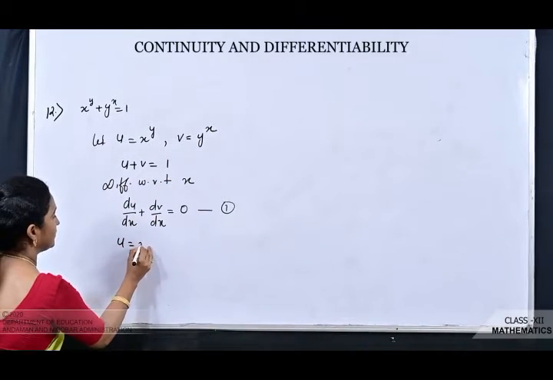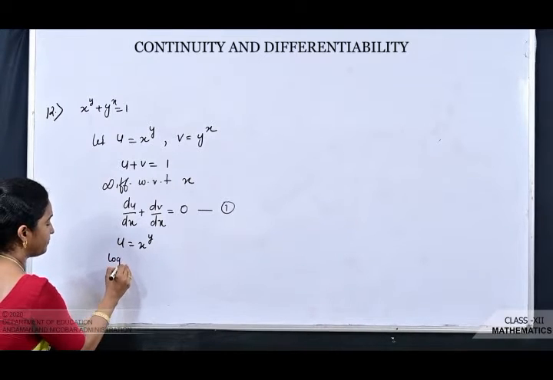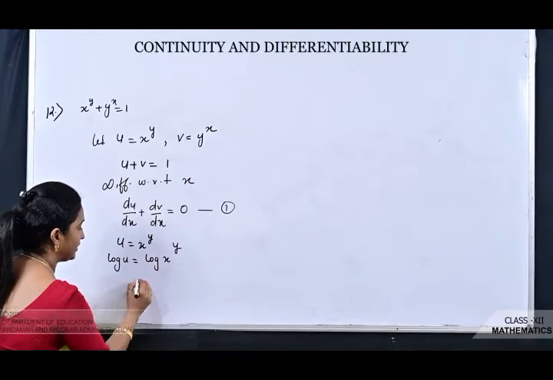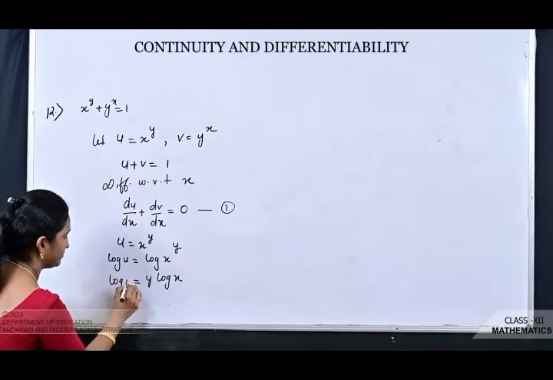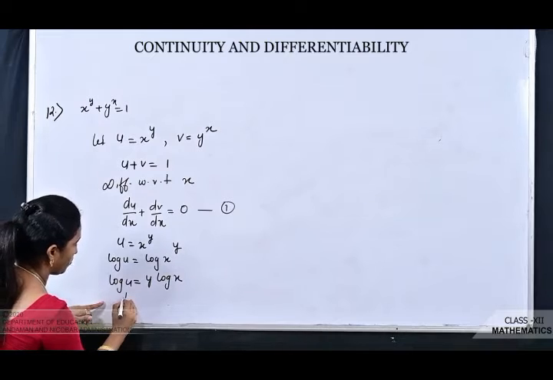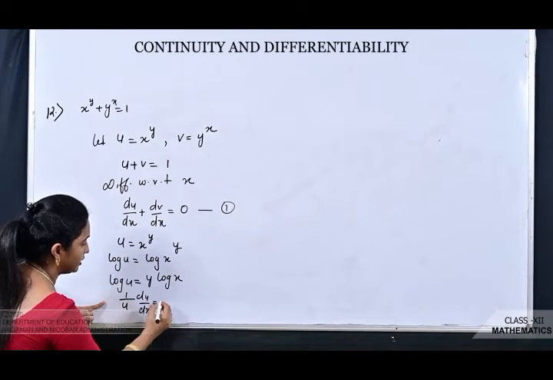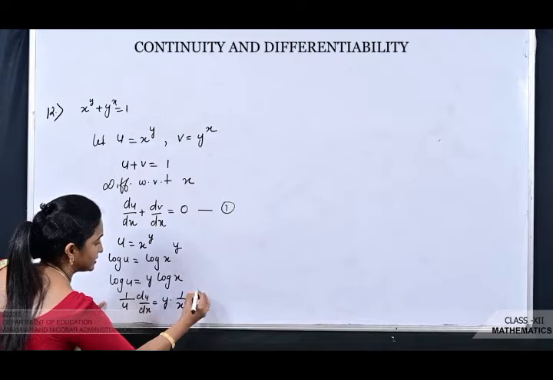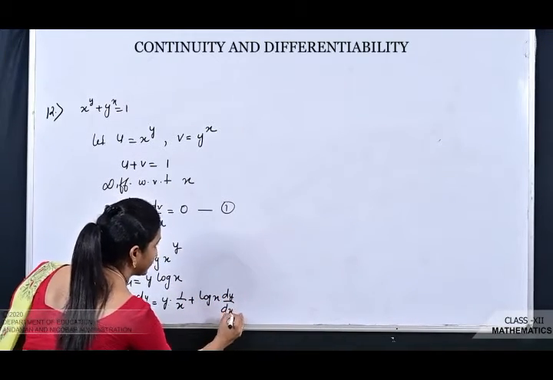So u is equal to x to the power y, function to the power function. Taking log on both sides, log u is equal to log x to the power y, which is equal to y log x. Correct? Now what you will do, you will differentiate. So 1 by u du by dx is equal to, you will apply product rule here. First function derivative of log x is 1 by x, plus second function derivative of y will be dy by dx.